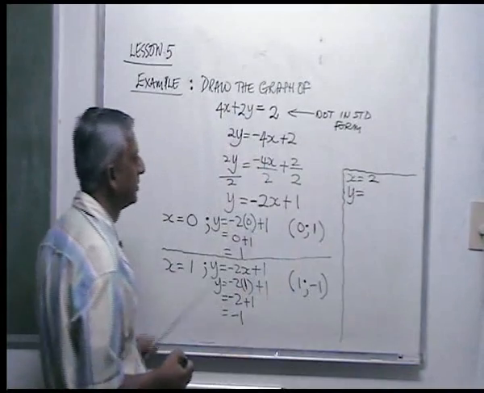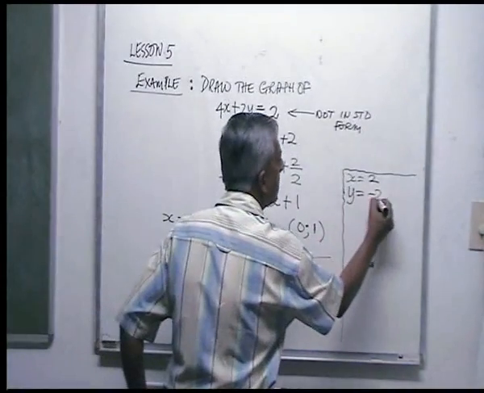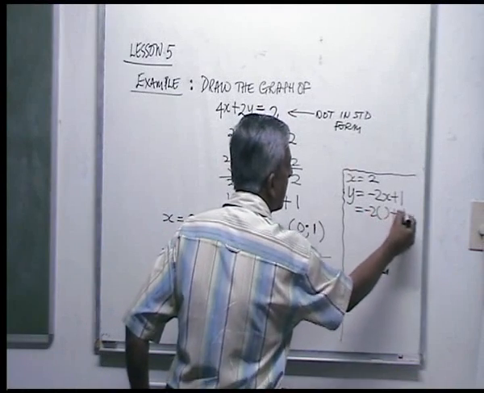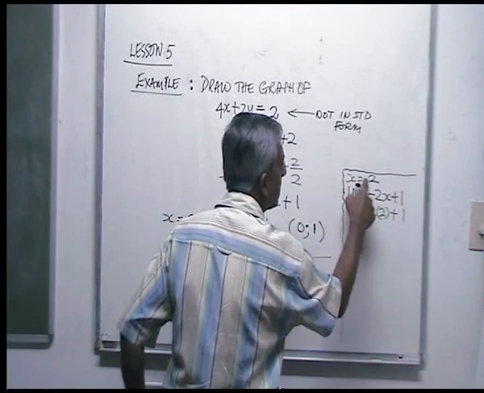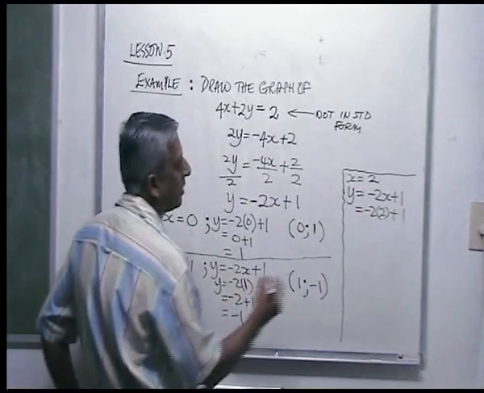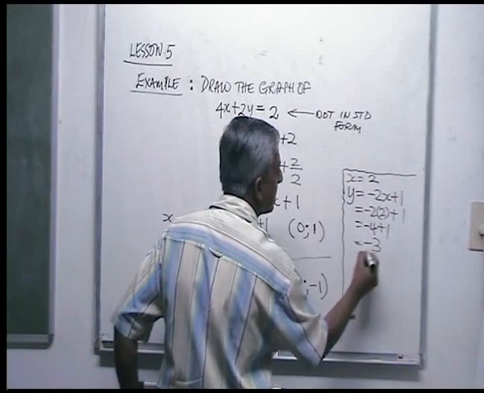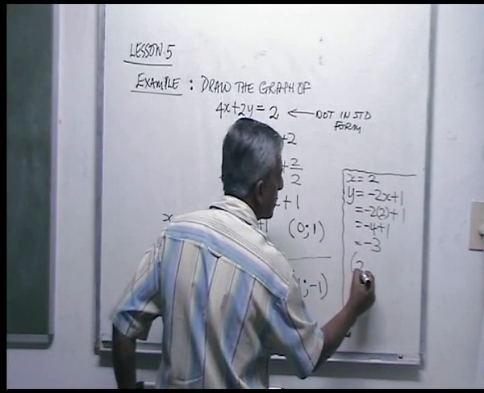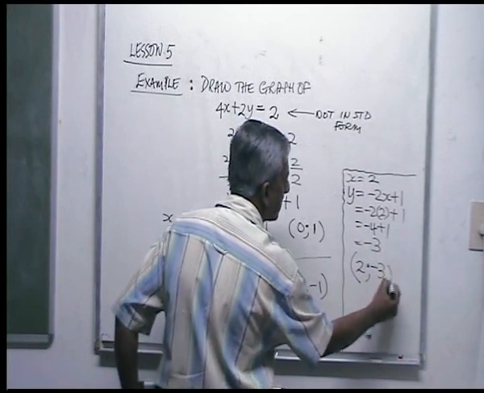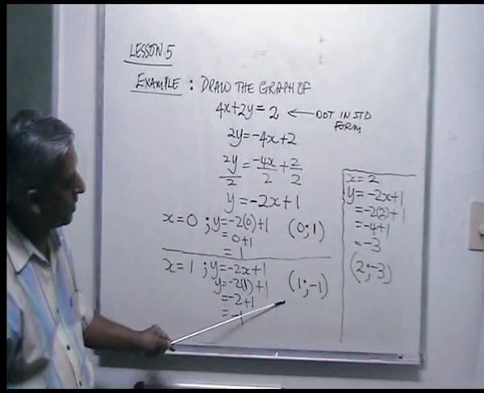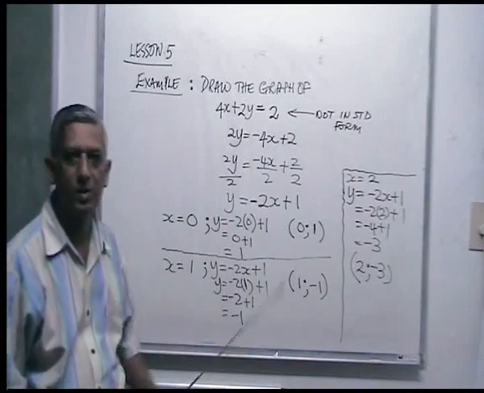Y is equal to minus 2x plus 1. So that's minus 2 times that. Now x is 2. You see, we're putting that 2 in. So that's minus 4 plus 1, that's minus 3. So your third ordered pair is 2 and minus 3. So we've got our ordered pairs: 0, 1; 1, minus 1; 2, minus 3.